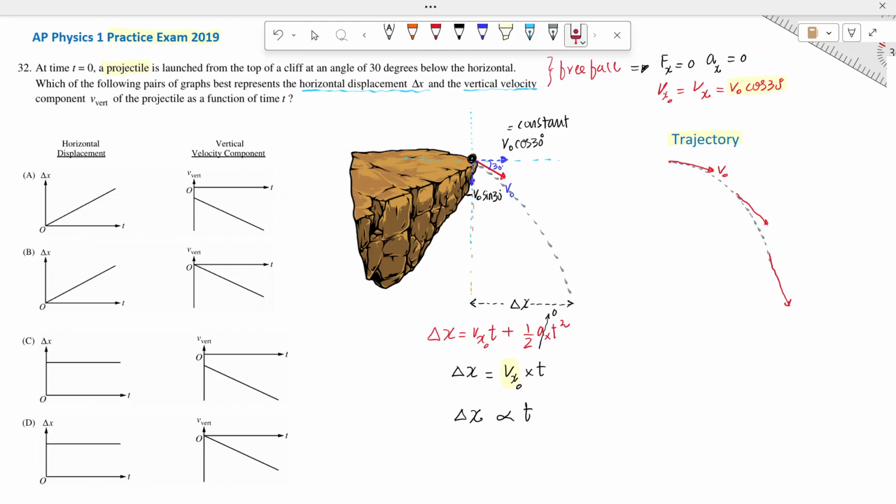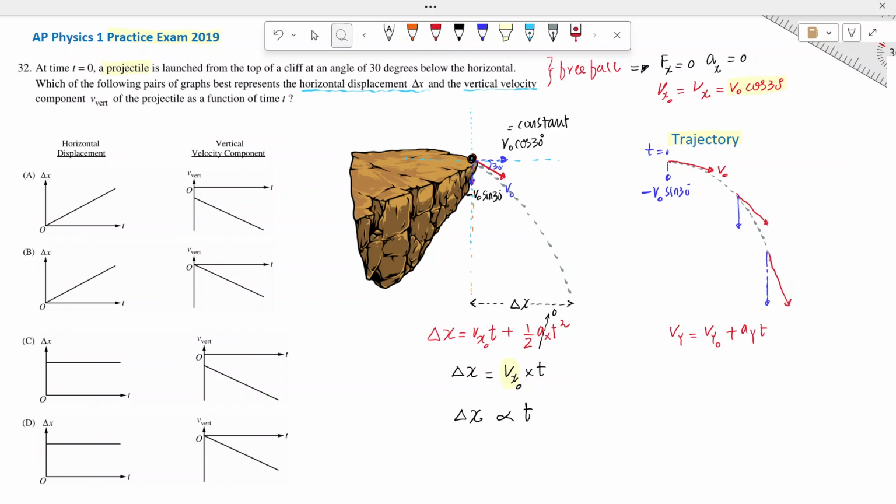And what about the vertical component? Right at time t equal to 0, it has the vertical component of velocity, which I told you is negative v0 sine 30. But with the passage of time, this vertical component of velocity will increase because another equation of motion explains this concept: vy is equal to vy0 plus ay t.